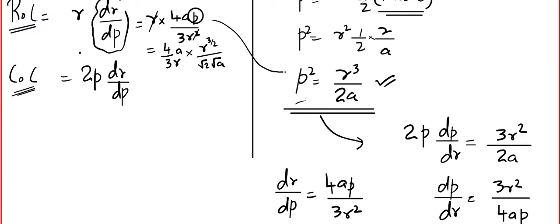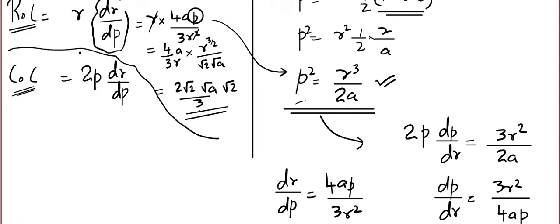I think you understood. I found p from here. So on simplification we will get 2 root 2 root a root r divided by 3. You can check whether it's correct or not, because in one previous video we did the radius of curvature directly from the polar form, but that process was very lengthy.